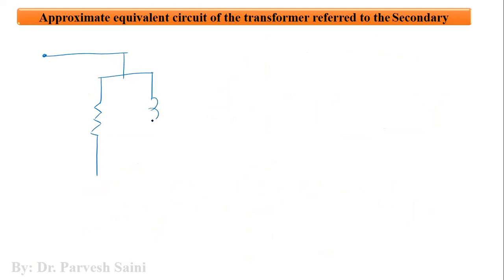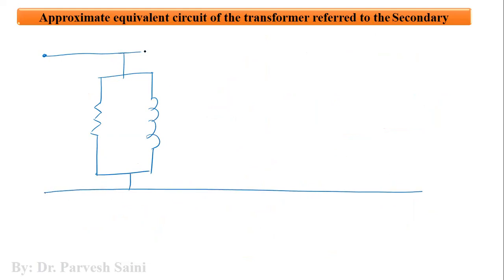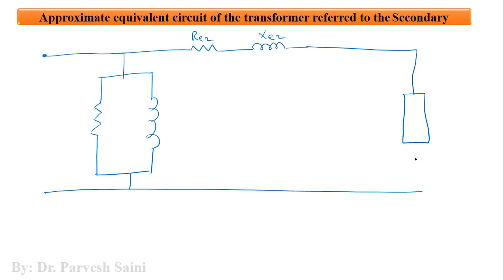So these are the core parameters, right? And then we have the resistance, which is RE2. Then we have the reactance, which is XE2. And then we have the load impedance ZL. So this is load. And here we have V2, right? And here we have I2.